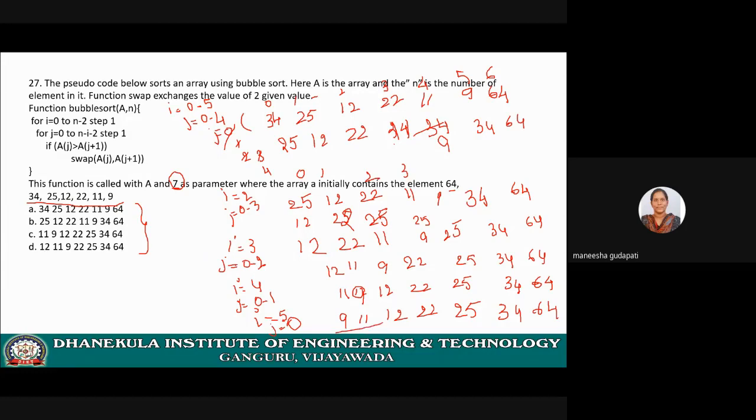After so many steps you will get some intermediate step, but they have not mentioned those intermediate steps, so the final answer is 9, 11, 12, 22, 25, 34 and 64. So it's not present in the options. If you select any option, you will get the point.